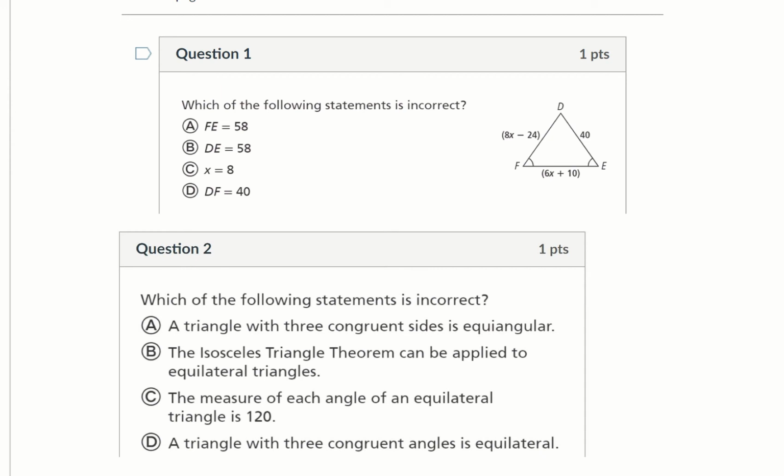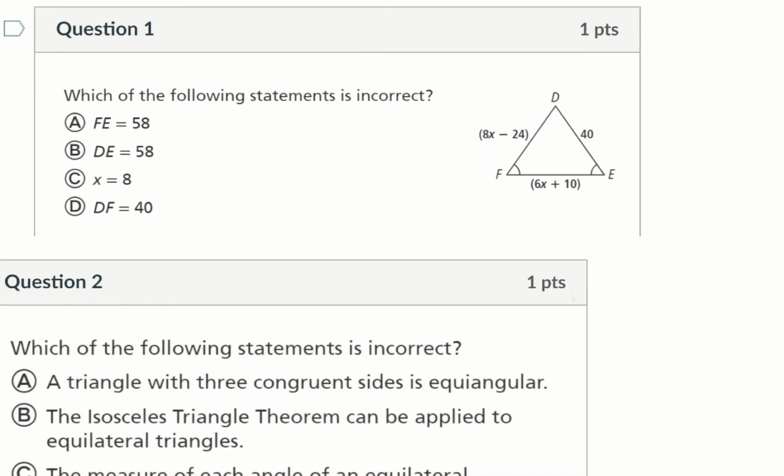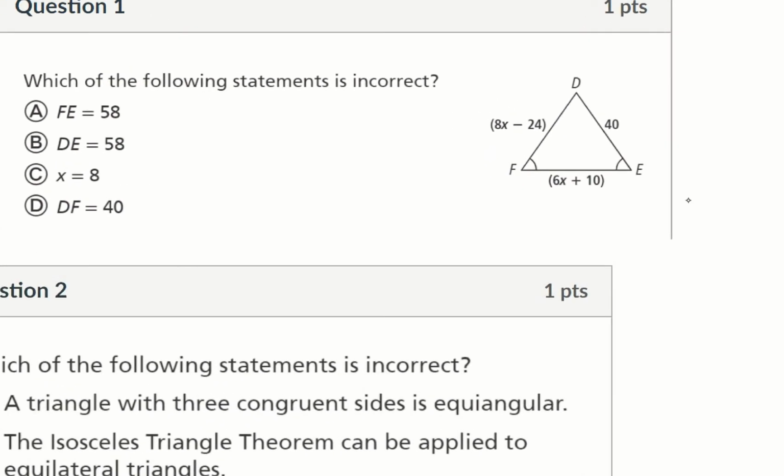If you look at the diagram, you can see that the two angles F and E are equal, or congruent. Because they're congruent, marked with this little symbol, that tells you these two sides are congruent. Remember that the side opposite an angle is the side that angle refers to.